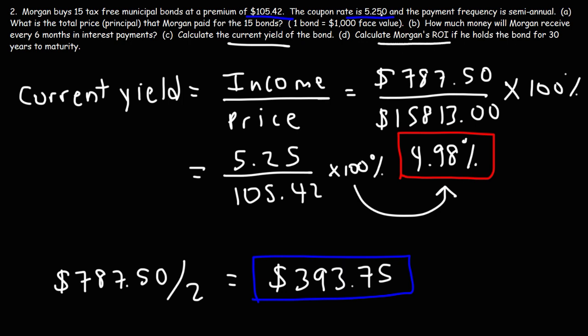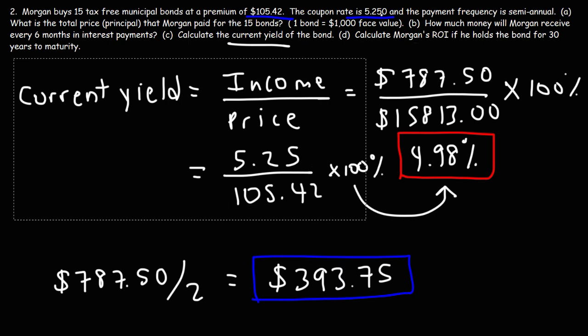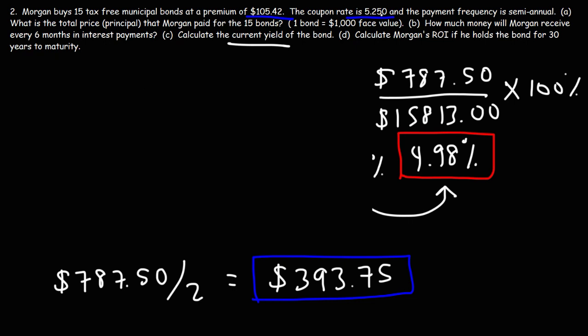Calculate Morgan's ROI if he holds the bond for 30 years to maturity. So he paid $15,813 for this bond.